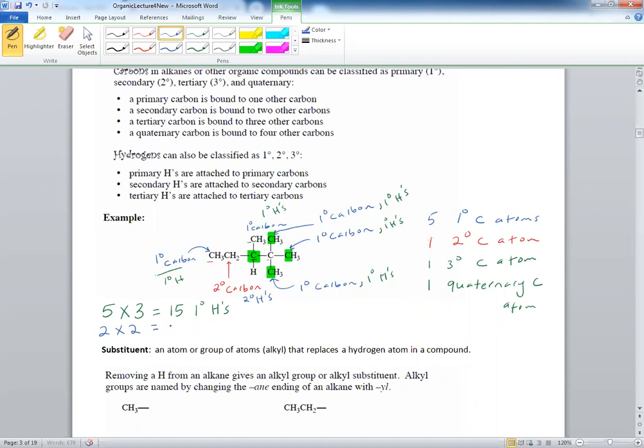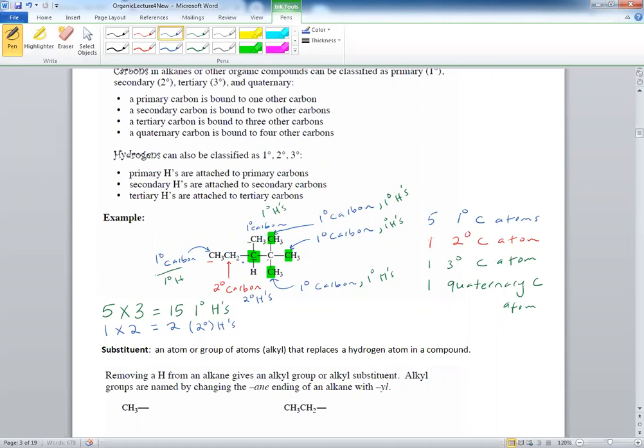Wait a second, we only have one secondary carbon. So that's 1 times 2. There are only 2 hydrogens that can be attached, and that would be 2 secondary hydrogens. We put this in parentheses so you don't confuse it. They're right here.